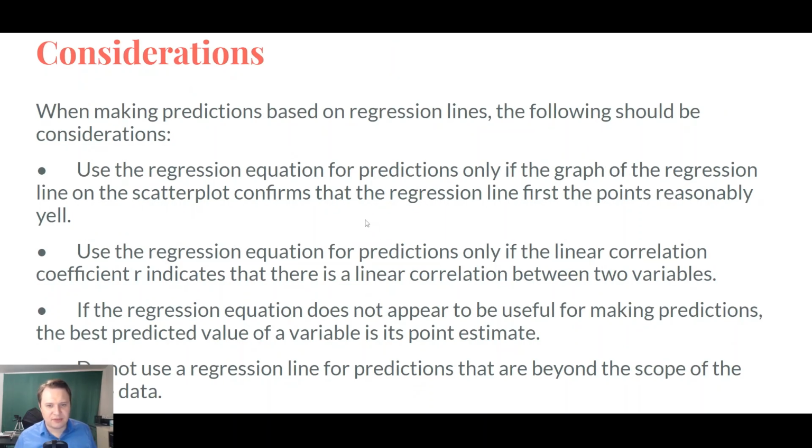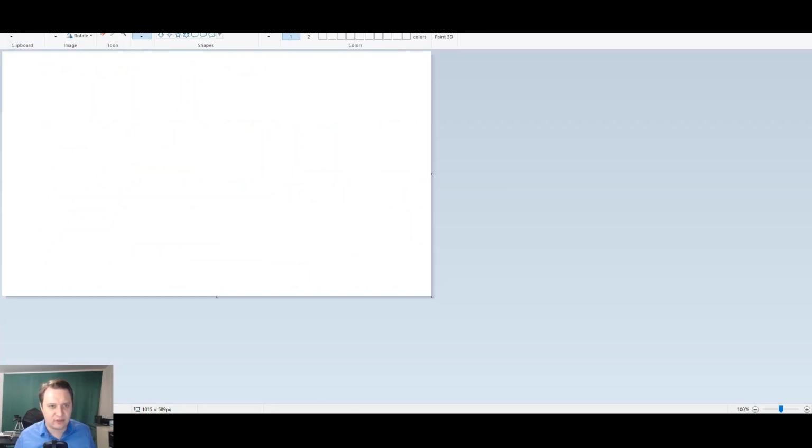Now, we'll talk about this in a moment, but you can only use the equation if the relationship is strong, okay? And so let me show you an example of that. Here, and we're going to see this on the homework. So let's say that we have some data that has a really high R-squared, and that means that we have a really low p-value.